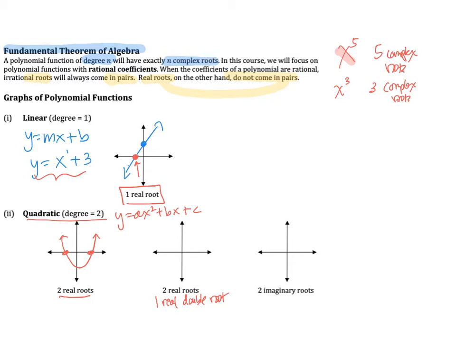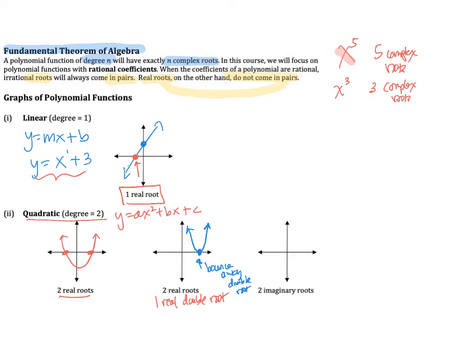A double root means it's going to come down, hit the x-axis, and bounce away. When it bounces away, it's called a double, or an even root. It's some kind of multiplicity, and we'll talk more about that later.